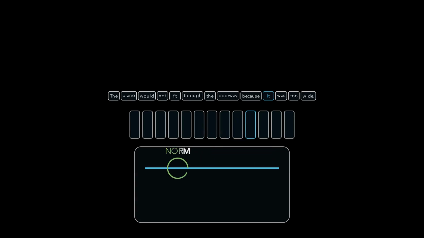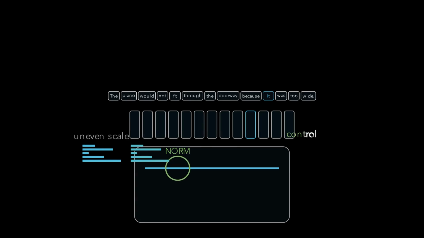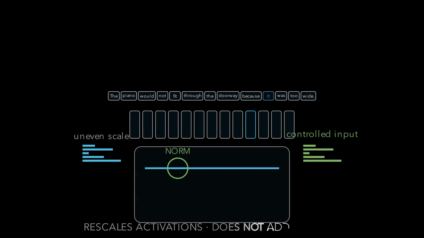Normalization does not decide which word matters. It does not add meaning. It rescales the pattern of activations so the next learned operation receives a more controlled input. Think of adjusting a signal before sending it into a sensitive instrument. The relative pattern remains useful, but an extreme overall scale is less likely to dominate the calculation.